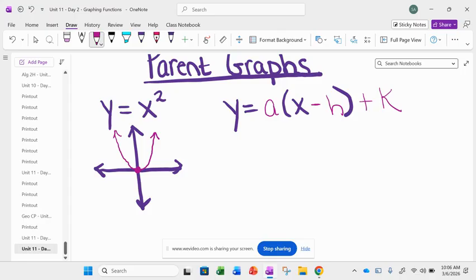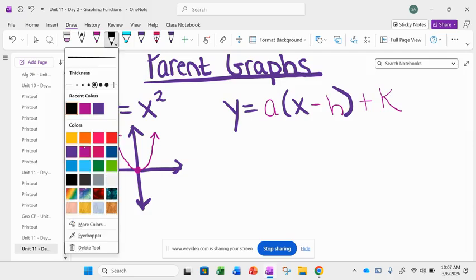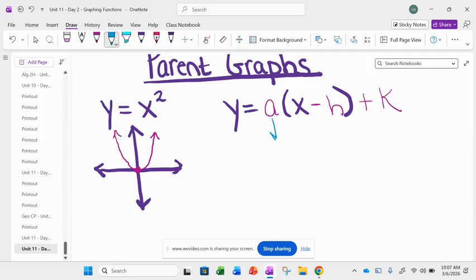And this is going to tell us, when it's in this format, exactly how to shift it. So what do these represent? I will tell you. For this point in our learning, the a is going to represent whether it opens up or down. Later on, we'll talk about how it's actually going to tell us how wide the parabola is. But for now, it's just whether it's opening up or down.